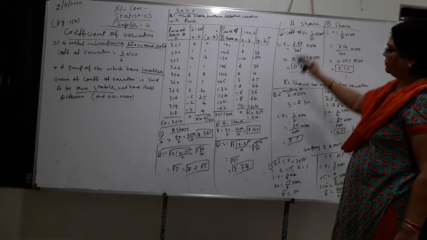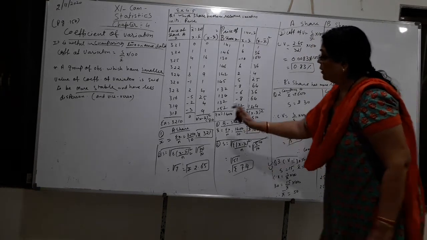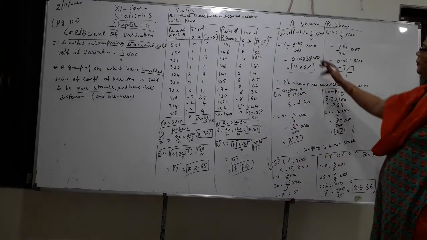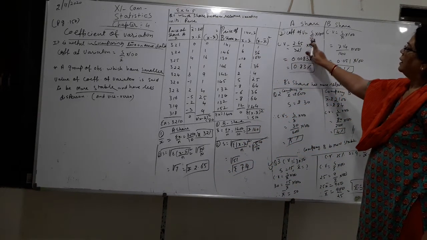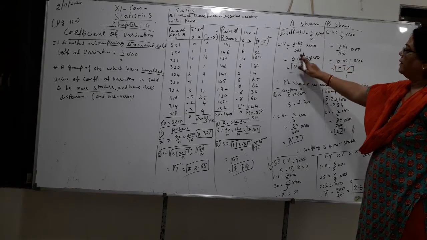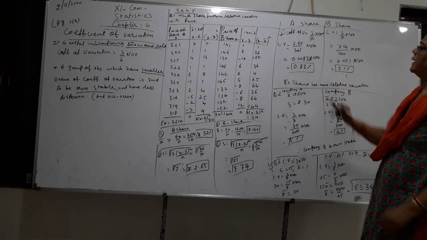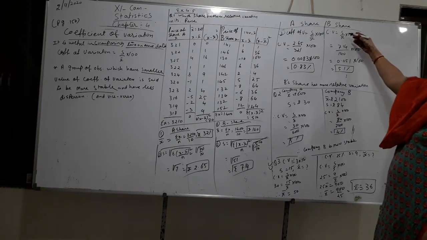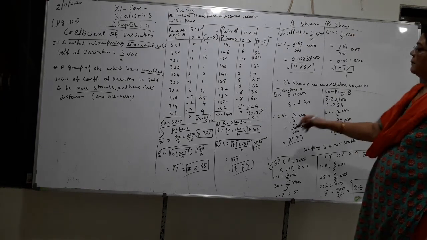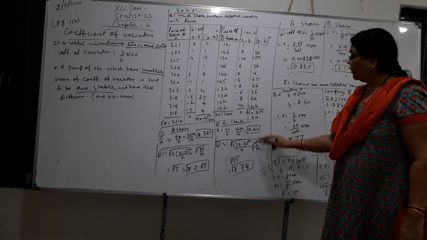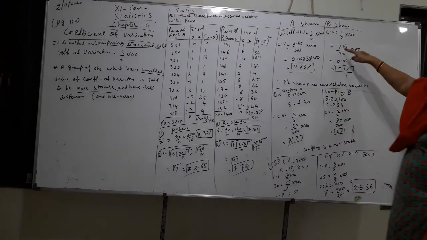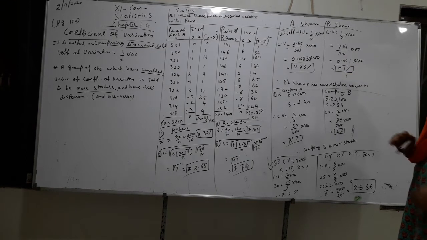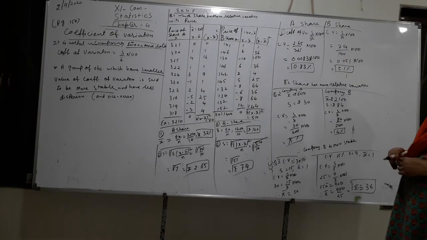So s, what you got, s is 7.14. For A, you get 2.65 upon x bar, which is 321, multiplied by 100. So you will get 0.83 percent. In the same way here also, this is x bar and this is s for B. So 7.14 upon 140 multiplied by 100, you will get 5.1 percent.